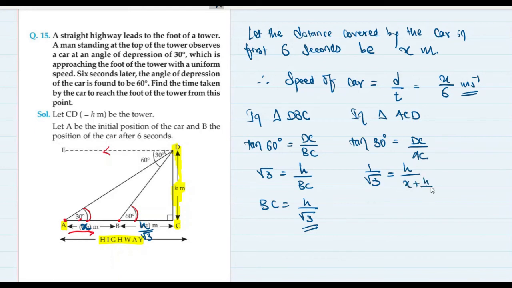This is a little complicated, but it's going to sort out, don't worry. So we'll cross multiply. x plus h by root 3 is equal to root 3 times h. Right?